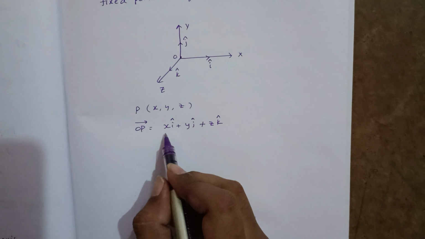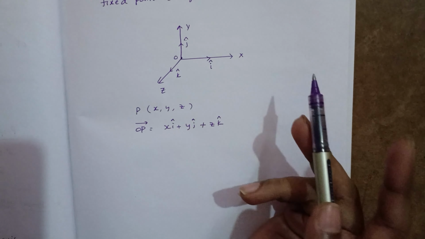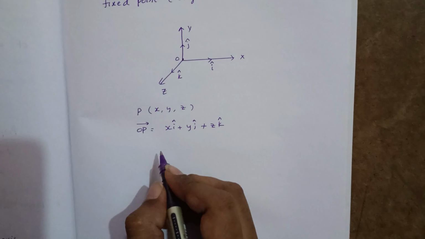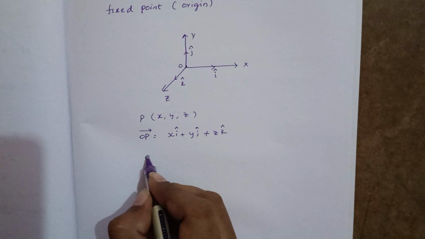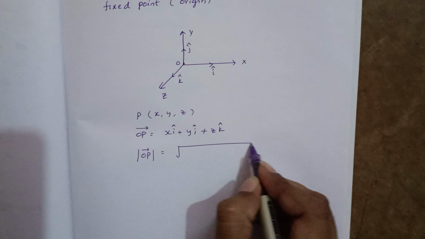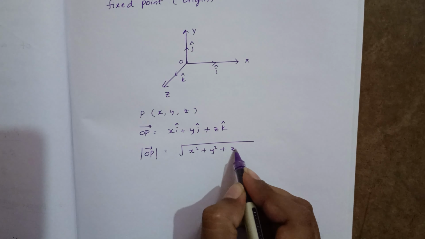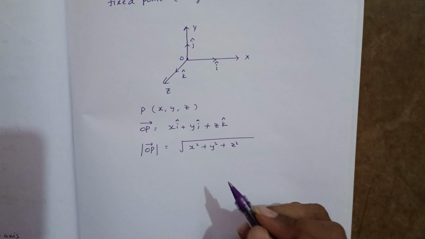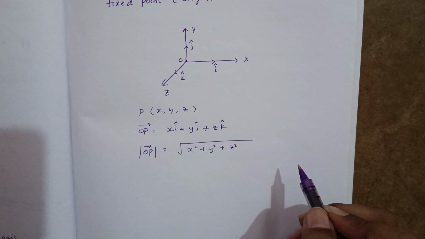Here i, j, k are unit vectors along the x-axis, y-axis, z-axis respectively. To determine the magnitude of OP, it is square root of x square plus y square plus z square. This is the magnitude of OP.